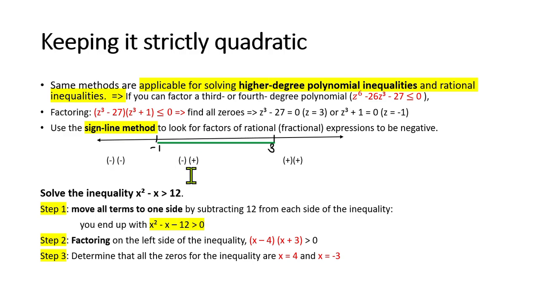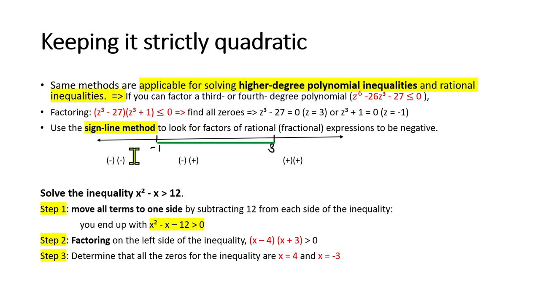So minus and plus. If g is greater than 3, you plug in g equals 5. 5 cubed is 125 minus 27, which is positive. And g cubed plus 1 is also positive.